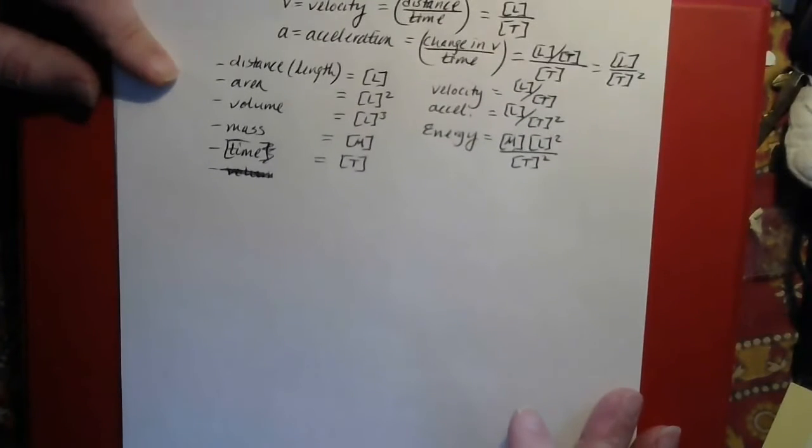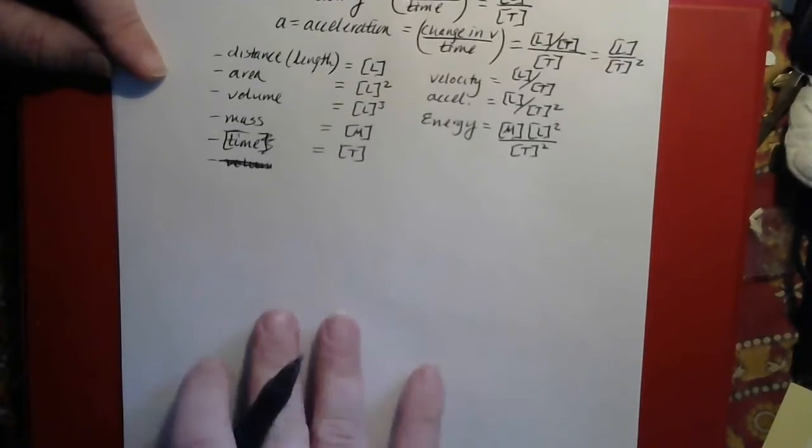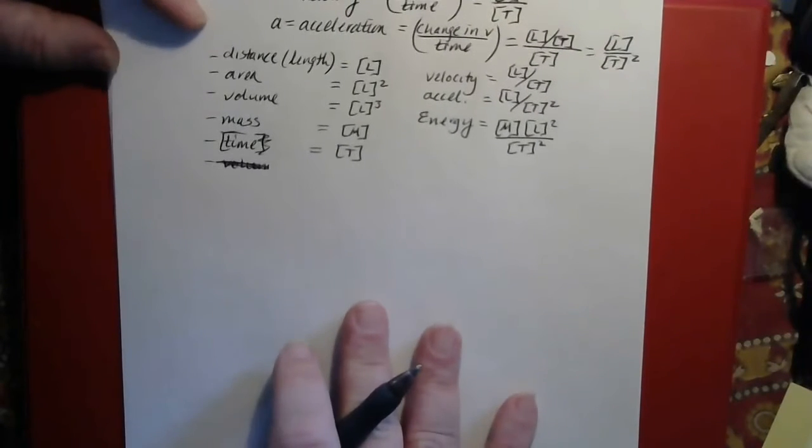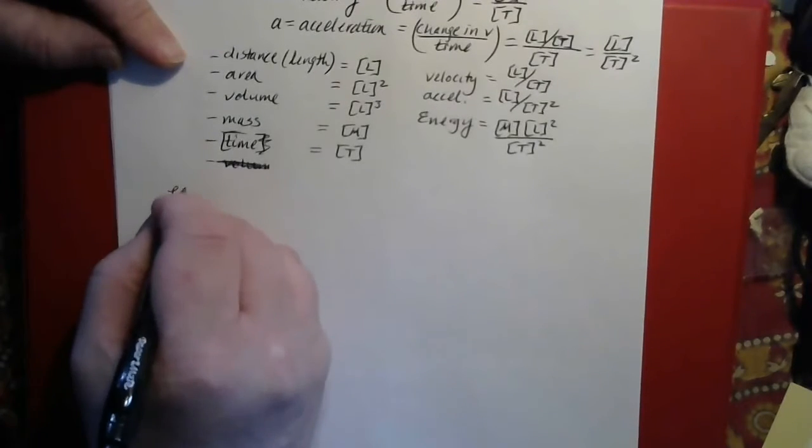The reason that we're looking at this really is just to make sure that the quantities that we're using in equations are correct relative to one another, that they have the right dimensions, or the right units, in other words, relative to each other.